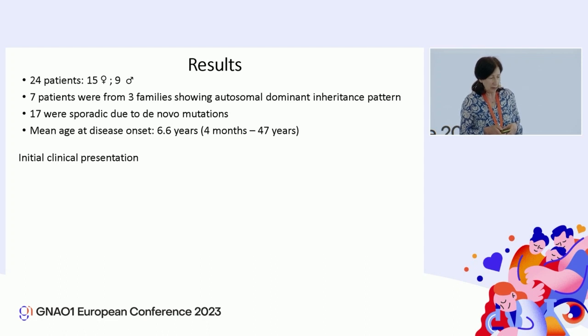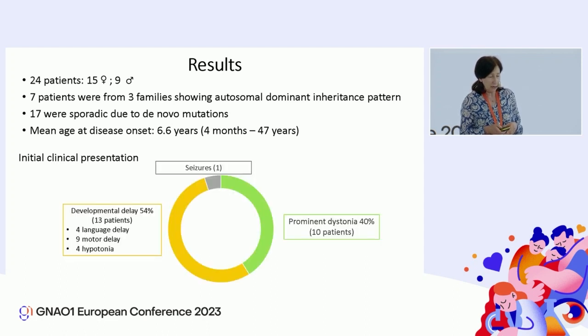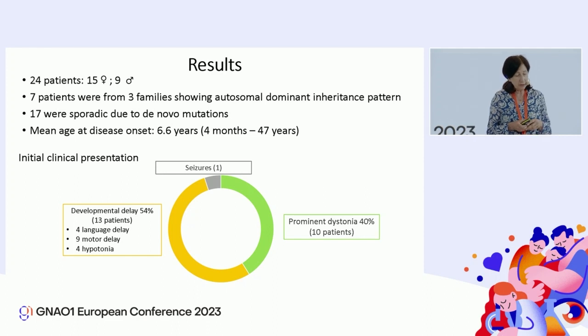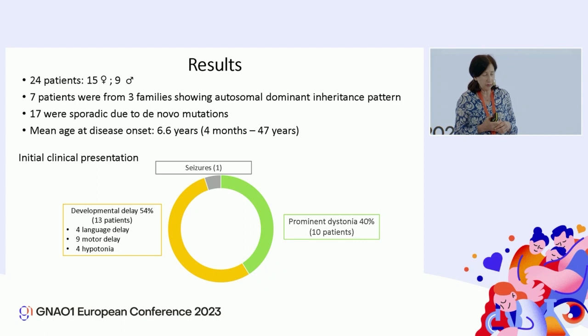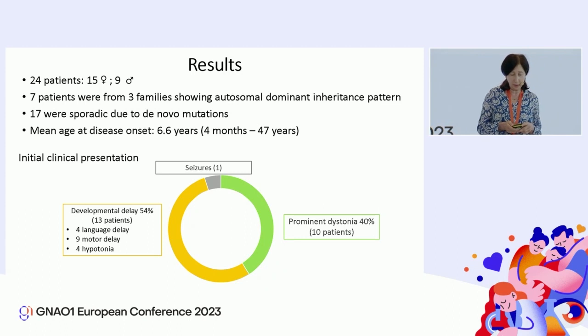And what are the clinical presentations? Developmental delay was the first presentation in 54%: 4 had language delay, 9 motor delay, and 4 were associated with hypotonia. 40% had predominant dystonia, 10% had paroxysmal movement disorder, and seizure in 1 patient.